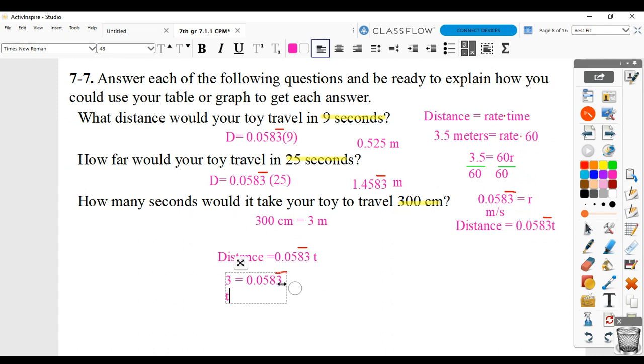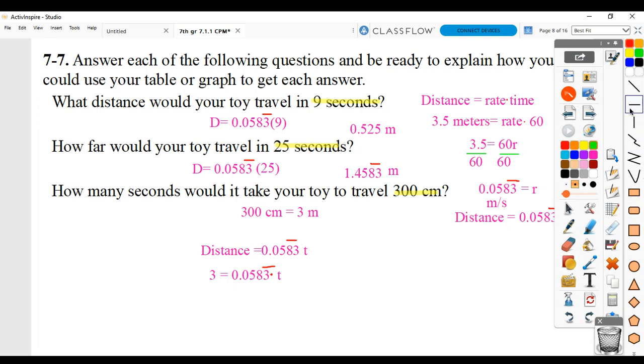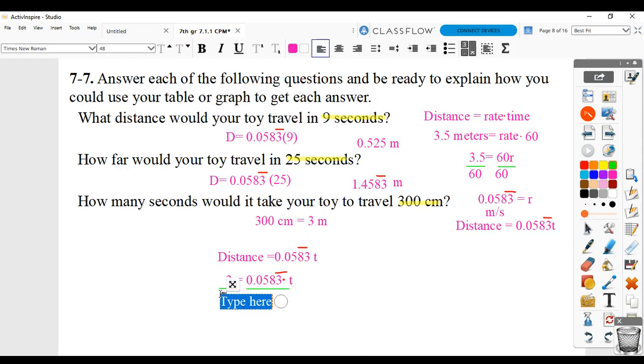Again, we're at the point where we're solving an algebraic equation where we have a number on this side. We have this multiplier times our variable. How do we get the variable by itself? We divide. The variable is currently being multiplied by that. The opposite, or inverse, is to divide by that.